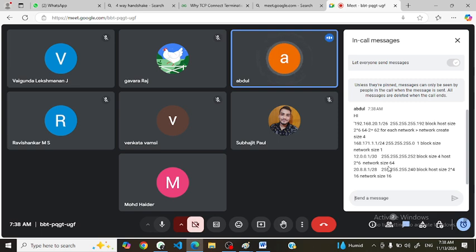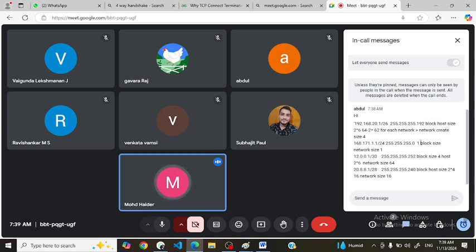No, Abdul, block size will be 256 minus 192. It will be 64.